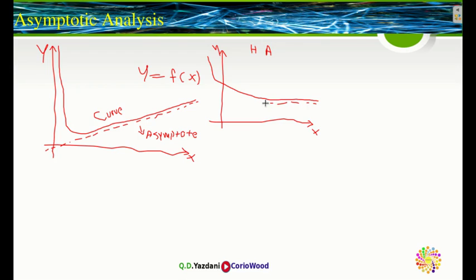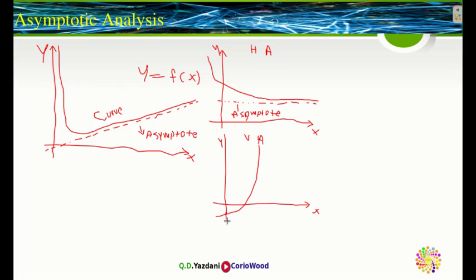This one is horizontal. Next we have the vertical, which I'll mark VA. This is our y-axis and this is our x-axis, and the curve goes like that.